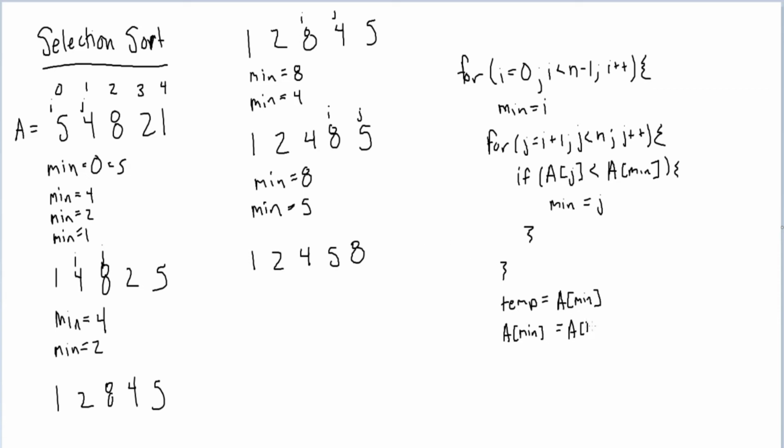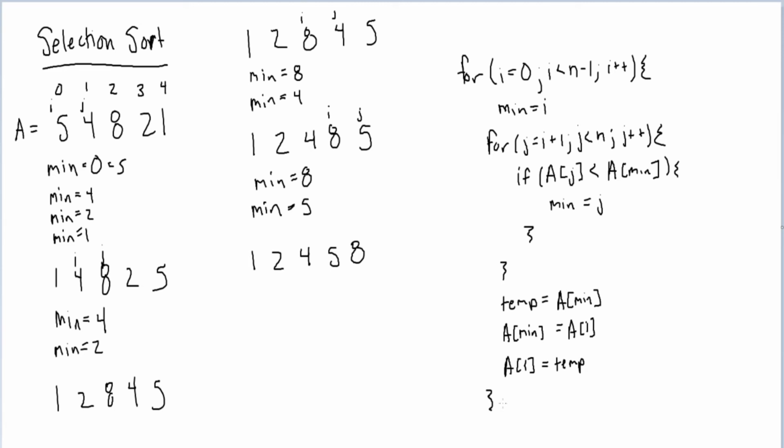Sorry, we're outside of that for loop. So A[i], and then A[i] is now equal to temp. And curly brace off that for loop, and we're done. That is it. That is all to that algorithm.